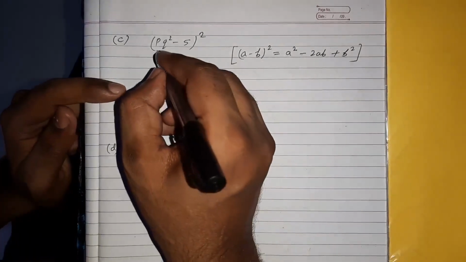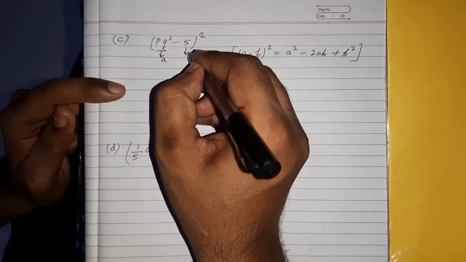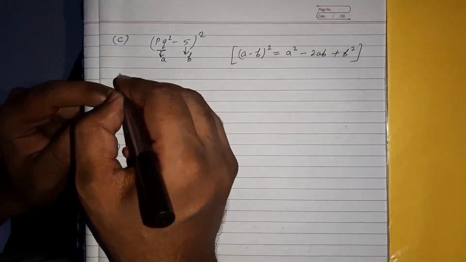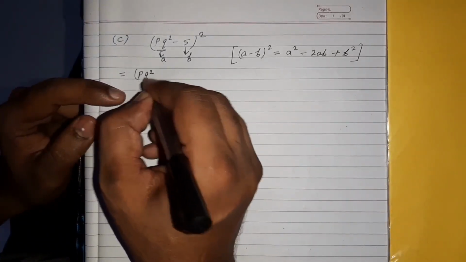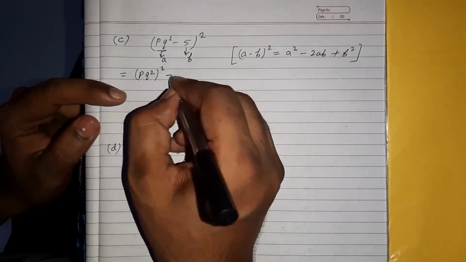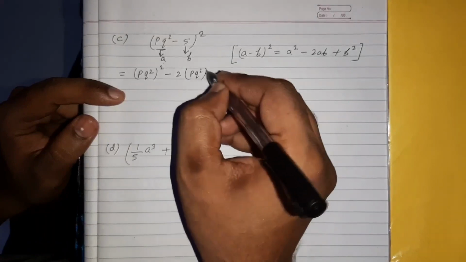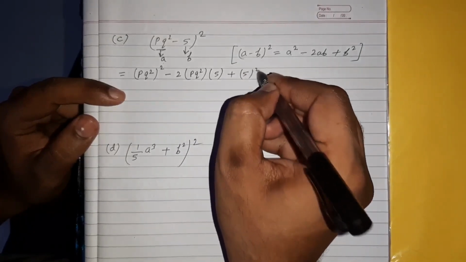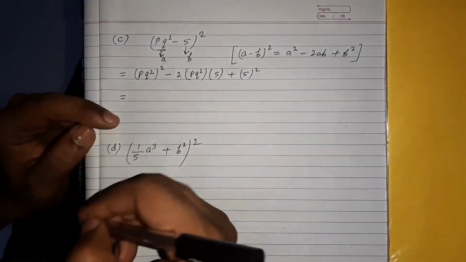Here the value of a is pq square and the value of b is 5. Now put the values in this identity: it will be (pq square) whole square minus 2 times pq square times 5 plus 5 square.